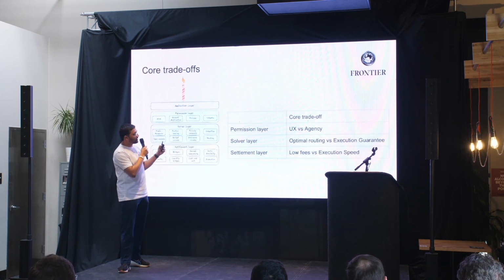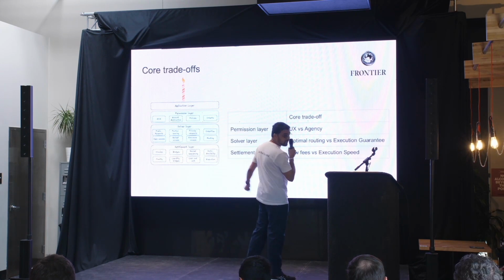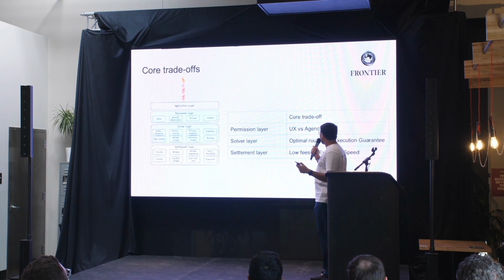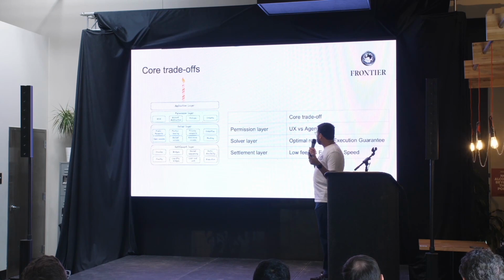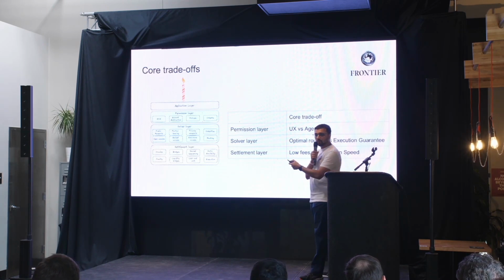The next set of decisions that you would need to make are in these different layers of the cake. When you are talking about the permission layer, the core trade-off is between UX versus agency. Where in the spectrum of UX versus agency does the user fall? If the user wants to have all the control, then they would prefer something like an EOA wallet.